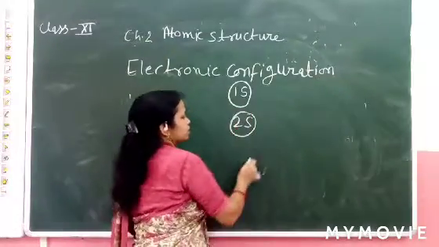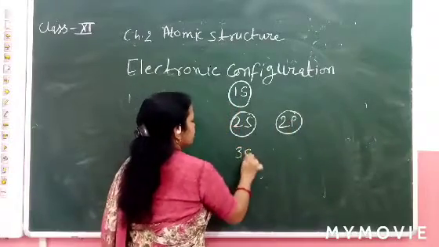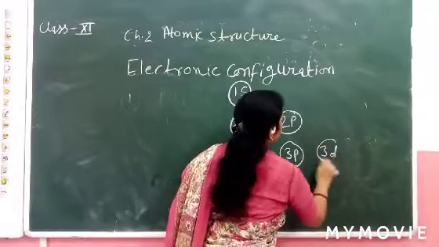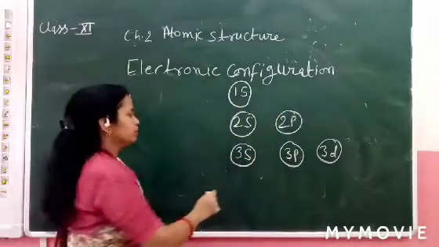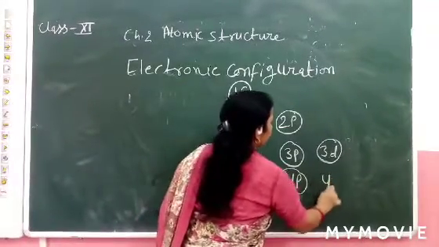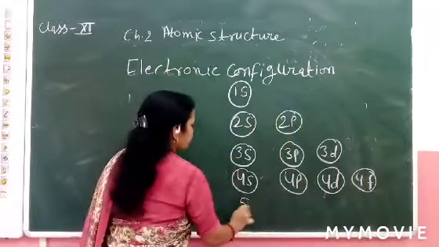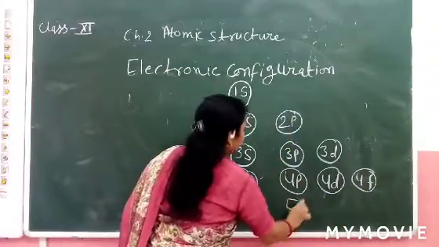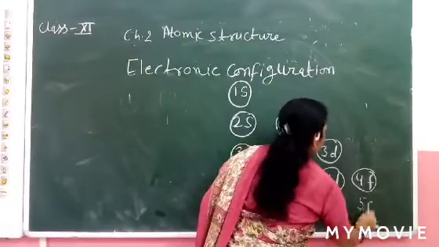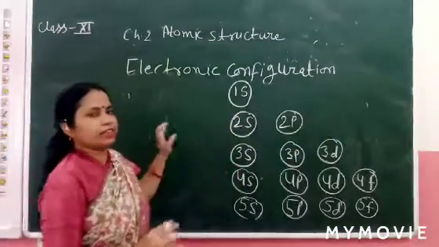Then 2s and 2p, 3s, 3p and 3d; 3f is not possible. 4s, 4p, 4d and again 4f. Now 5s, 5p, 5d and 5f. You have to make this chart to explain the energy order.